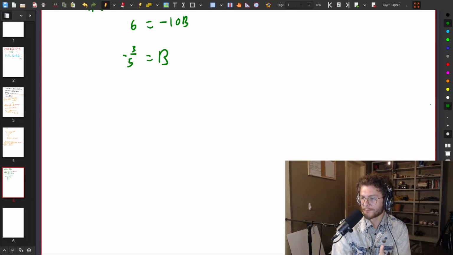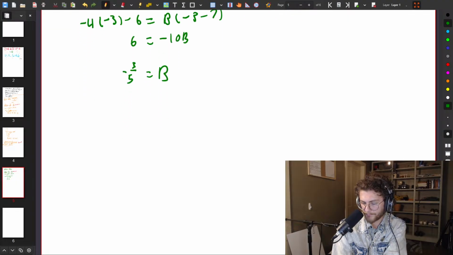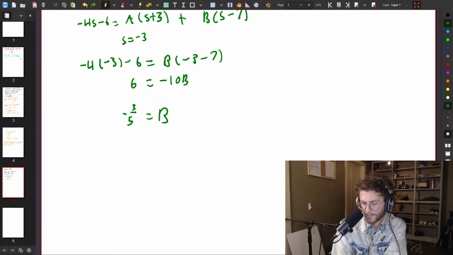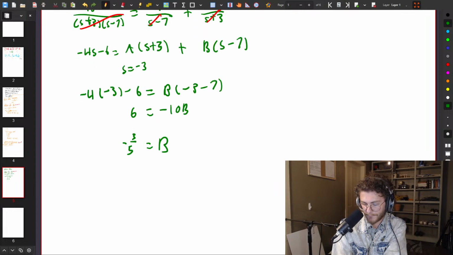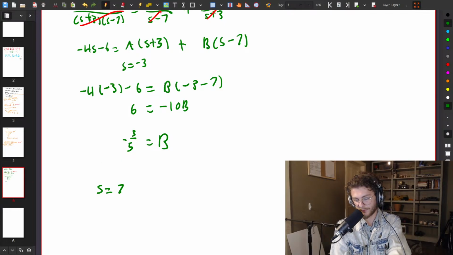So, getting back to partial fraction decomposition and figuring out what's going on with this problem. We're going to solve for A. To start, we're going to set S equal to -7 to get rid of that B value from this equation up here.